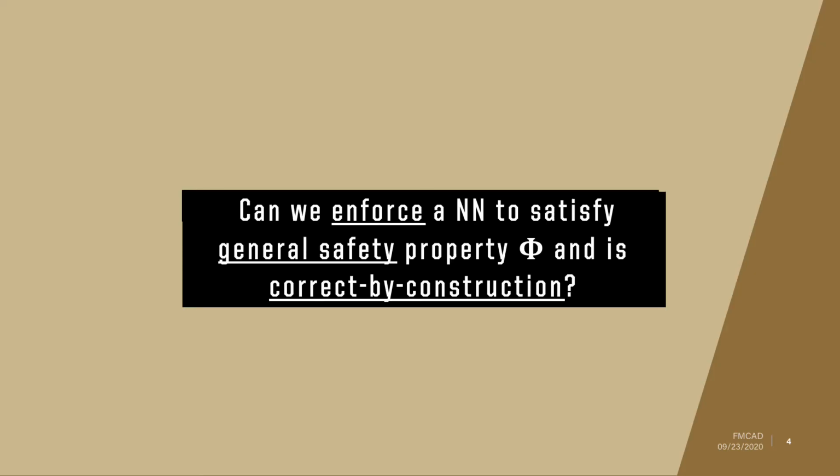The research question we are interested in, in this paper and in this talk, is: can we enforce a neural network to satisfy a general safety property phi in a correct by construction way? By saying correct by construction, we do not want post-facto verification methods for neural networks.